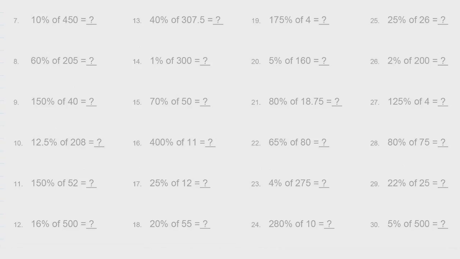175% of 4. Well, if the decimal is not in sight, it's on the right, and we always move it 2 spaces to the left to make it into a decimal. So this would be 1.75, and "of" is times 4.